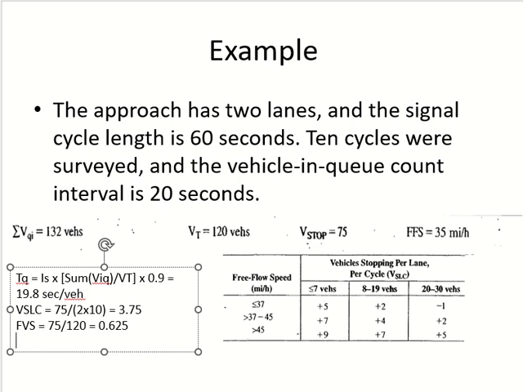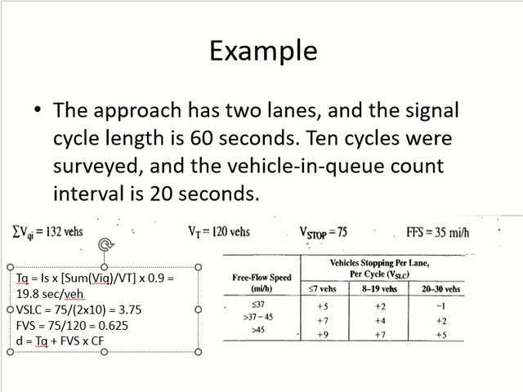The next thing we'll calculate is the control delay itself. So time in queue delay plus FVS times the correction factor. That's it.